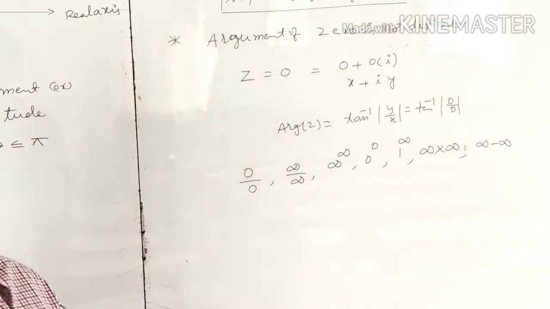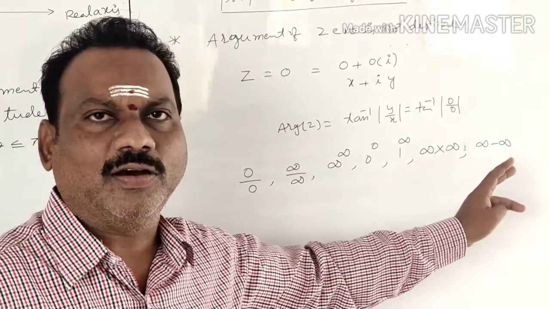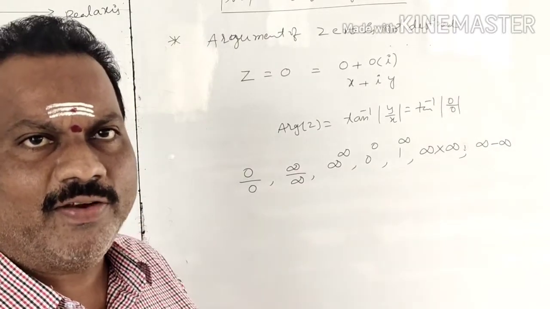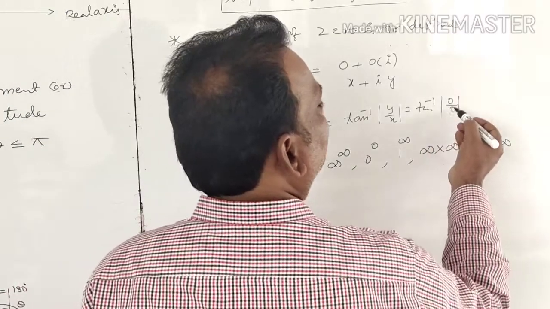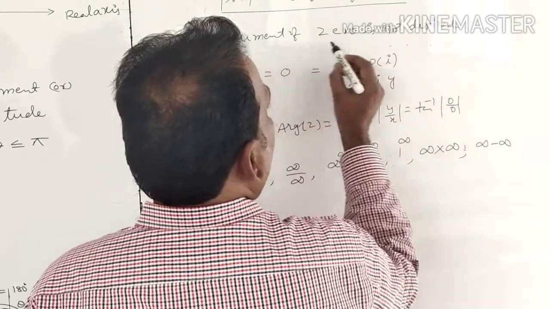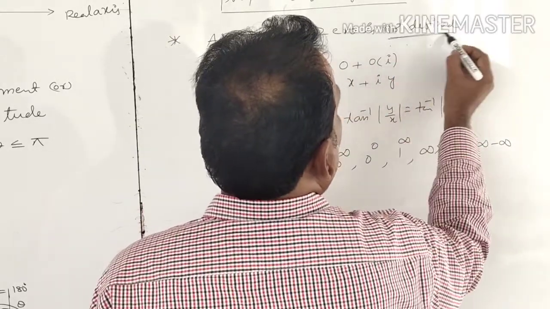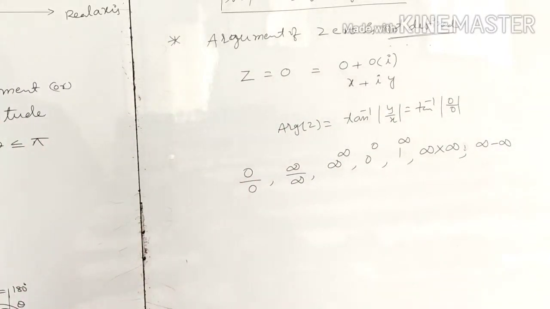These are all undetermined forms, and we cannot define their value. Here also, 0 by 0 means it is an undetermined form. So that's why the argument of 0 is not defined. You keep that in mind. That is very, very important. Argument of 0 is not defined.